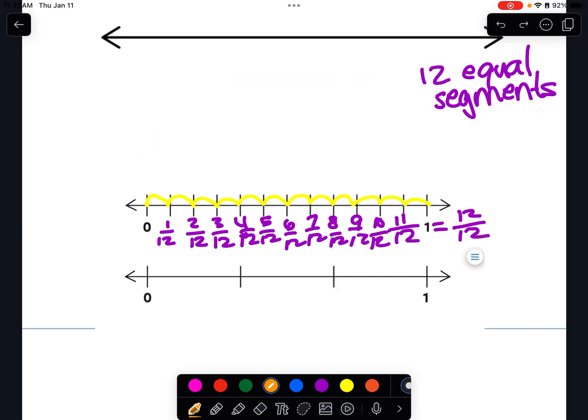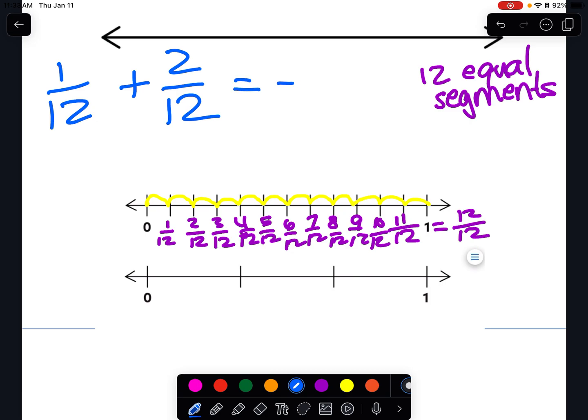So let's say you are asked to add 1/12 plus 2/12. Well, if you were to use a number line, we know that the denominator is 12. We're only working right now with denominators that are the same, also known as like denominators or same denominators.